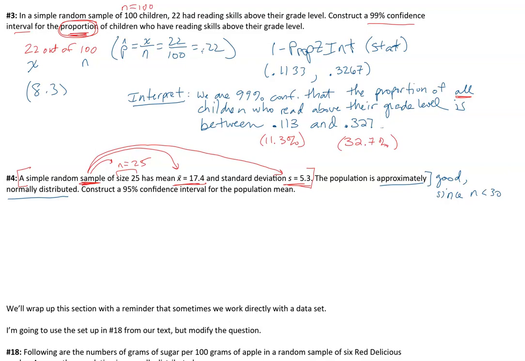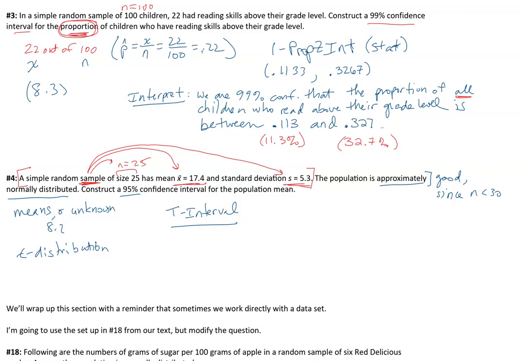Okay, and then we're constructing a 95% confidence interval for the mean. So it's means, sigma unknown. That's 8.2, and that's going to be the t-distribution. So we're going to use a t-interval for this problem.